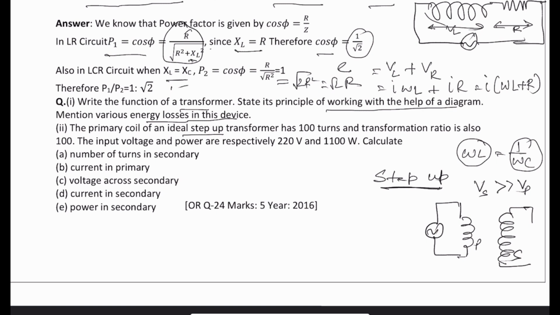So why do you use a step-up transformer? I want to answer many questions related to transformer because this needs a very conceptual understanding. Why do we need such a step-up transformer? See, in long distance transmission, when we want to send electric energy through the transmission line, there is an overhead.